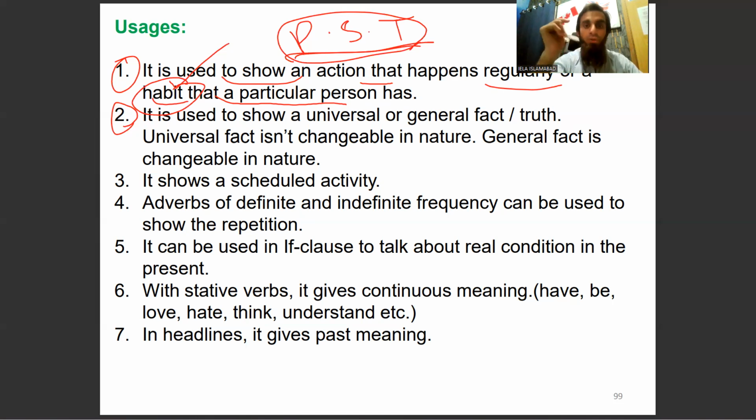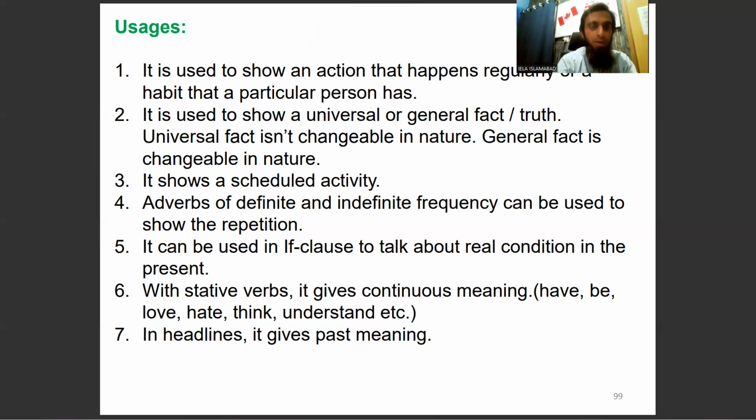So that's why we use this sentence in a present simple tense. So any sentence, any information that is true 100% according to science or according to nature, we use that sentence or information in present simple tense.